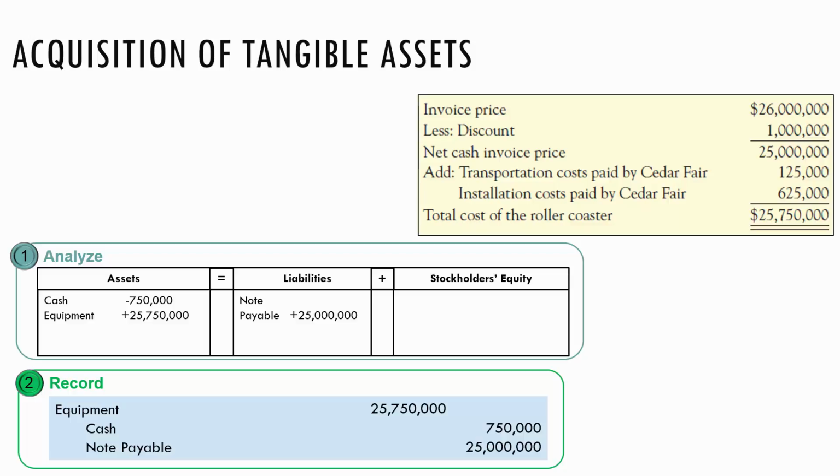For now, you need to think of the value of the equipment being right at $25,750,000, and think about the actual cash which flowed from this company to the supplier of this ride, and that was $750,000. And the fact that in the future they're going to have to pay off a $25 million note.